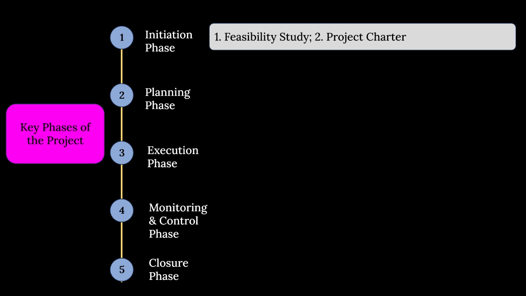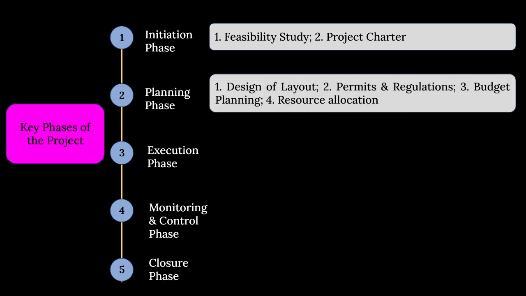Now, the second phase, the planning phase, what are the things involved in it? The design of layout, different permits and regulations you require, the budget planning, and resource allocation. That is coming under the planning phase.